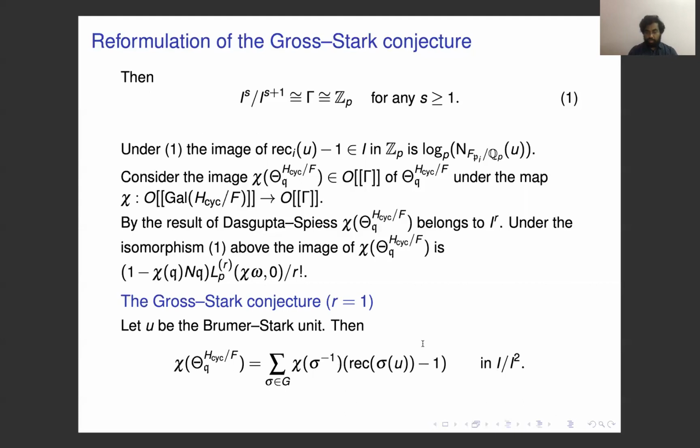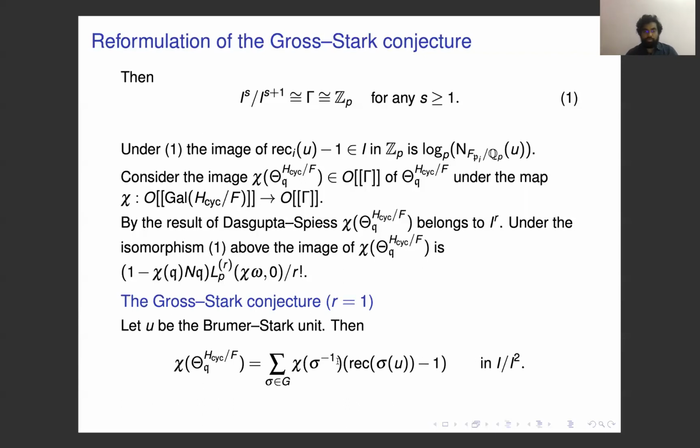So this is an element in I; I have to normalize it with chi sigma inverse and take this summation. So this thing as an element in I mod I square is also equal to this as an element in I mod I square. Okay, so that's the reformulation of the Gross-Stark conjecture.